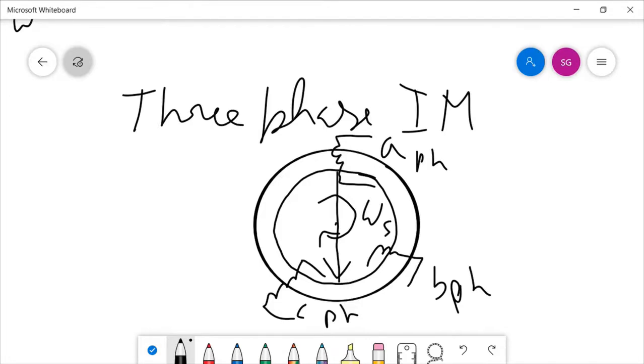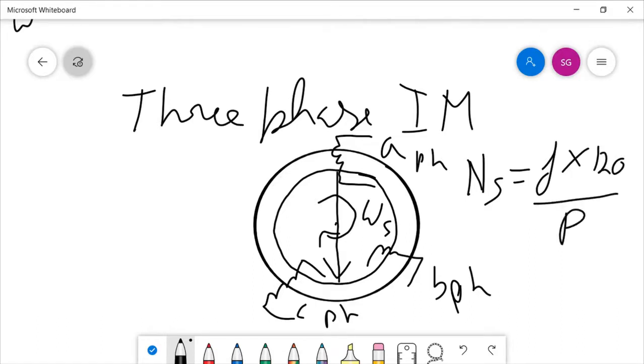And this synchronous speed depends upon, that is, ns is equal to f into 120 divided by p, where f is the frequency of the supply which we are feeding in this three-phase winding, and p is the number of poles of this motor.